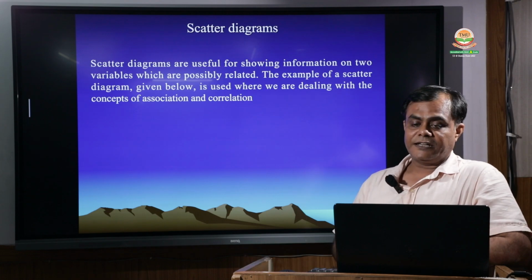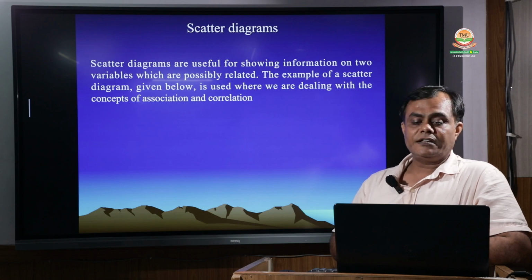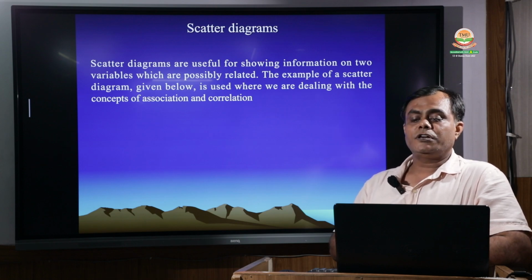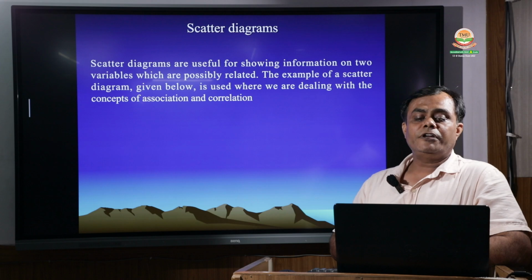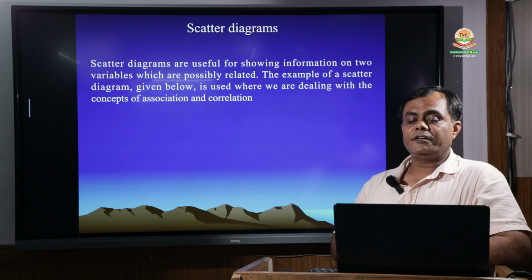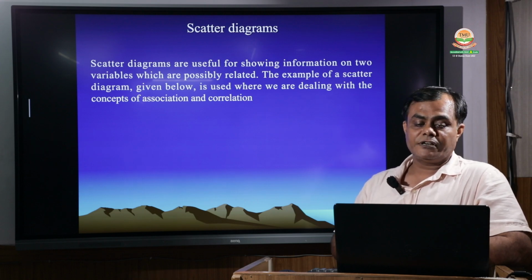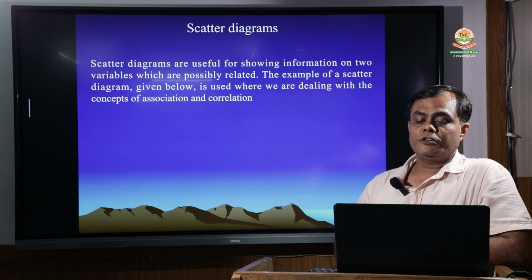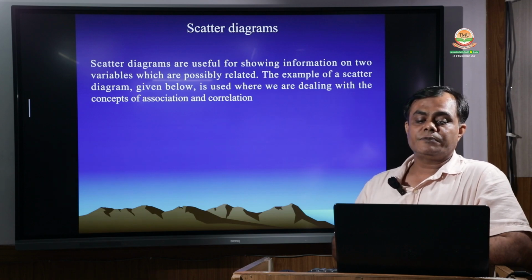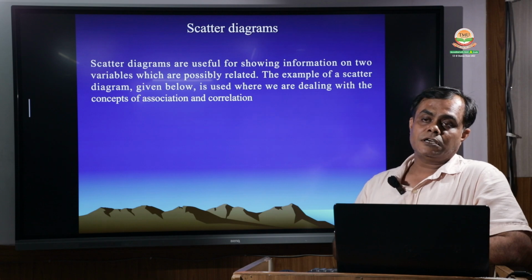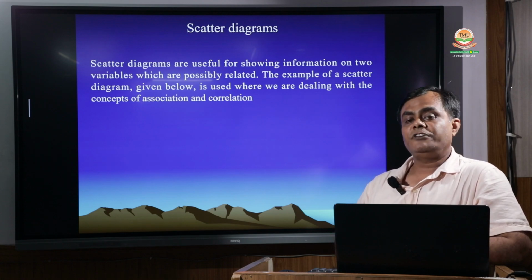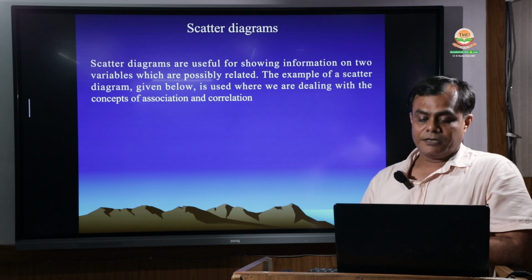Next is the scatter diagram. Scatter diagrams are usually used for showing information on two variables which are possibly related, and the example given below is used where we are dealing with the concept of association and correlation. When there is a concept of association or correlation, in that situation we use the scatter diagram.